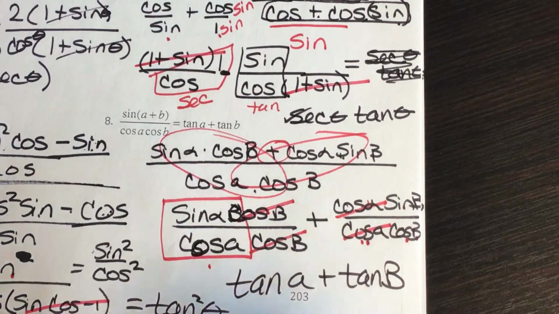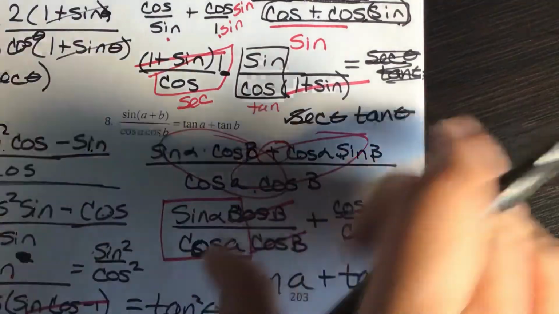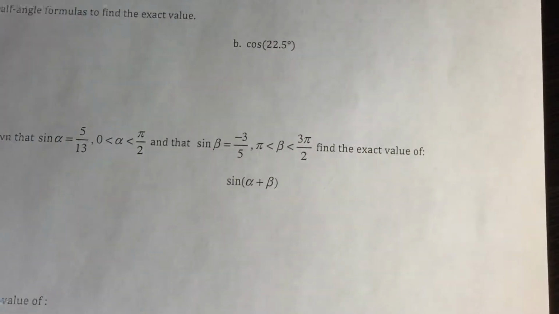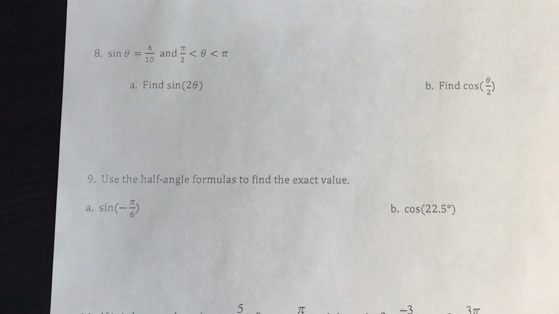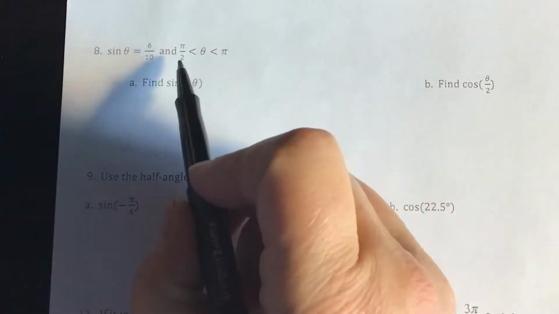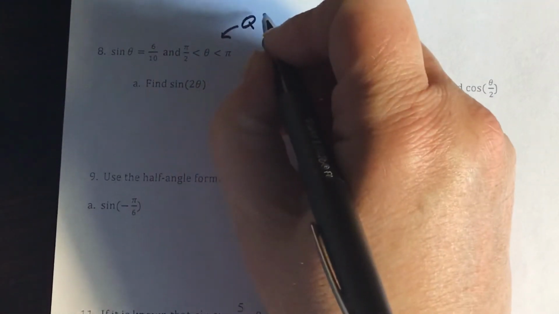All right, so hopefully verifying these identities is starting to get a little bit easier for us. Looking on the second page, here they tell us we have sine of an angle is 6/10, and that angle is between pi over 2 and pi. So that tells me this is quadrant 2.